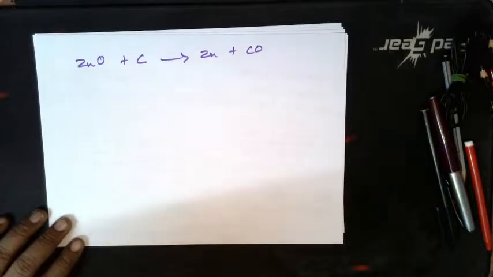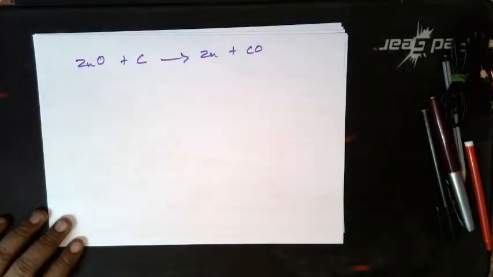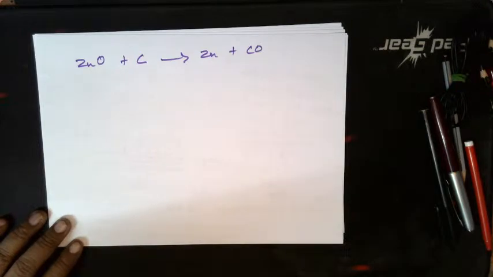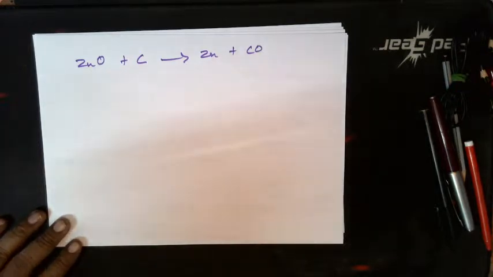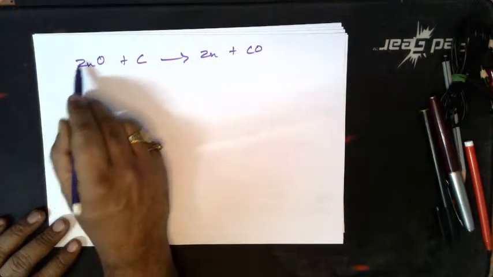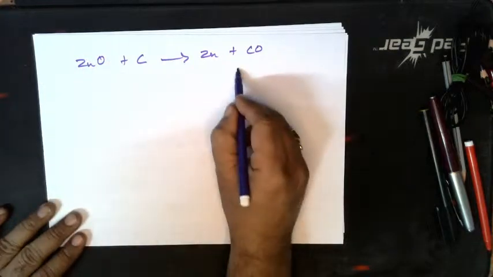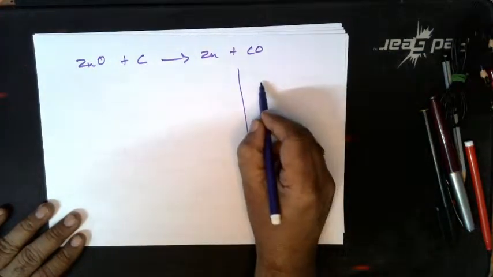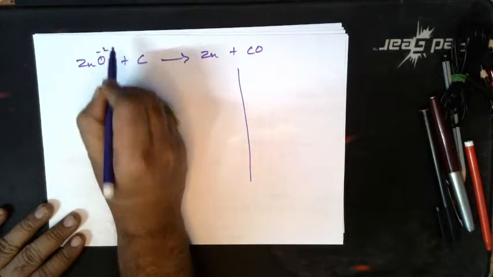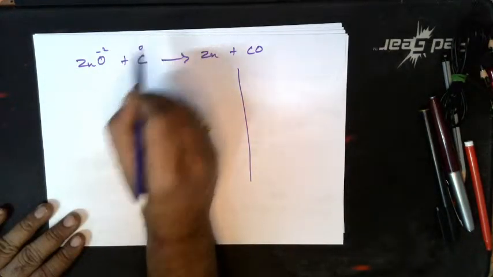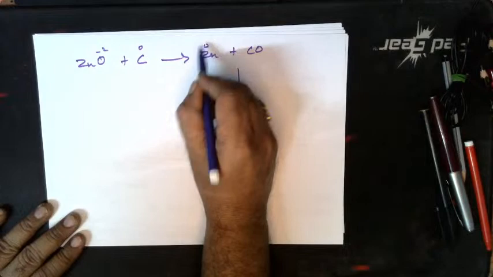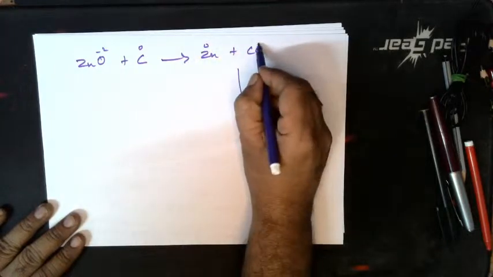CO2 is carbon dioxide, CO is carbon monoxide. Okay. Now let us identify what is the oxidation state of zinc in zinc oxide, that you can work out. You know already oxygen is minus 2. This carbon, its natural state is 0, and this is also 0, and this is minus 2.